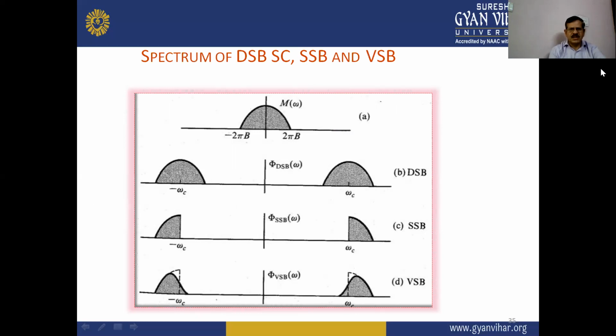So there are different spectrums of double sideband suppressed carrier, single sideband suppressed carrier, and also vestigial sideband, VSB, signals. The first is the original baseband signal, the second waveform shows the double sideband system, the third one, C, is the single sideband suppressed carrier, and the last one, D, is the VSB or vestigial sideband.